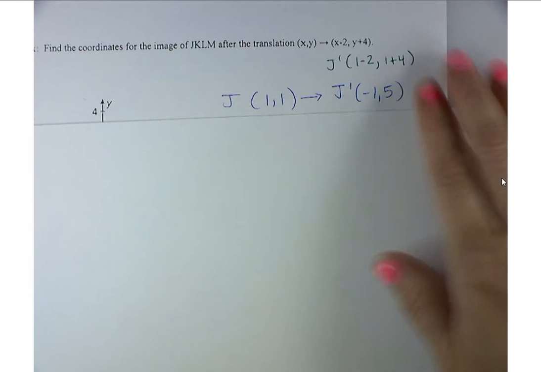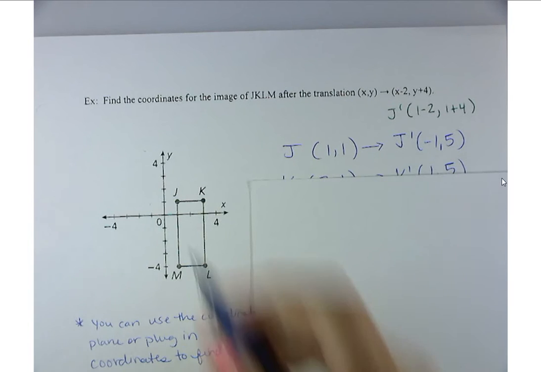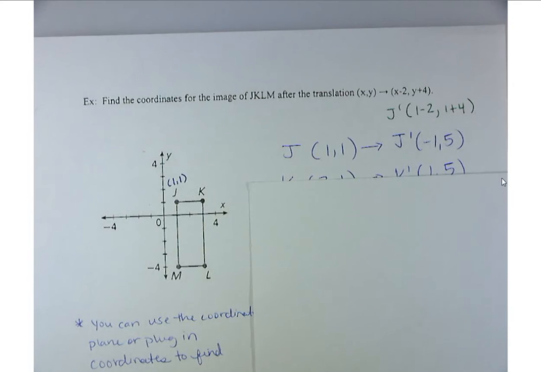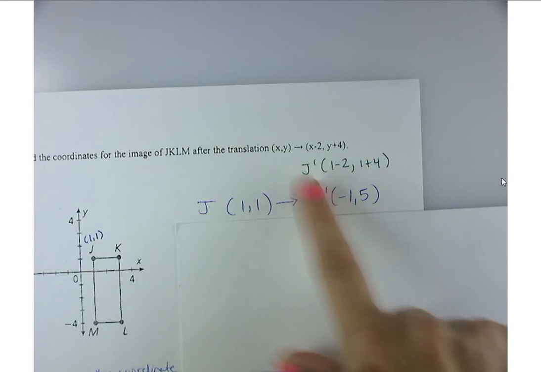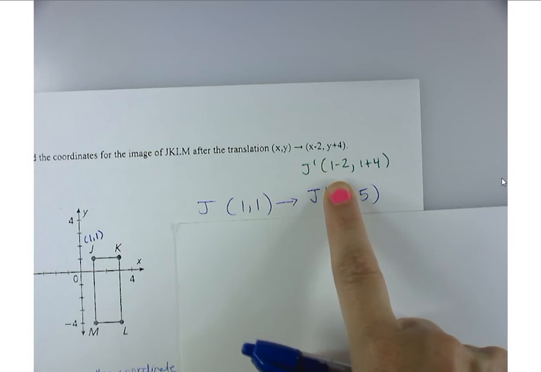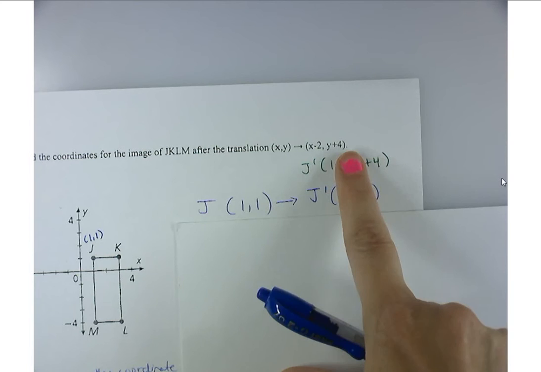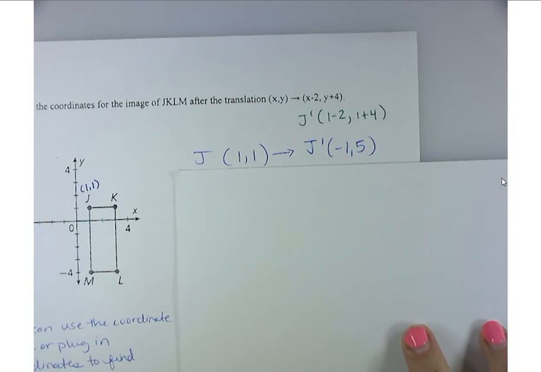For J, if I look at my diagram, I can see that J is at (1, 1). So if J started at (1, 1), I can do 1 minus 2, which is what? Negative 1, and then I can do 1 plus 4, which would be 5. Okay, so you can do that with all 3. So I'll give you a second to do that.